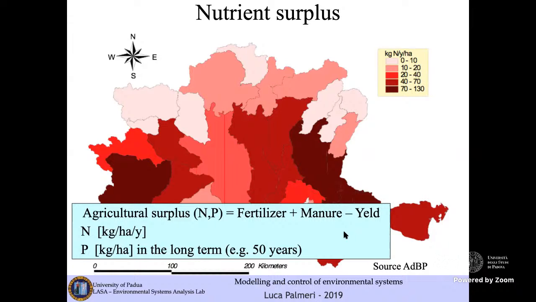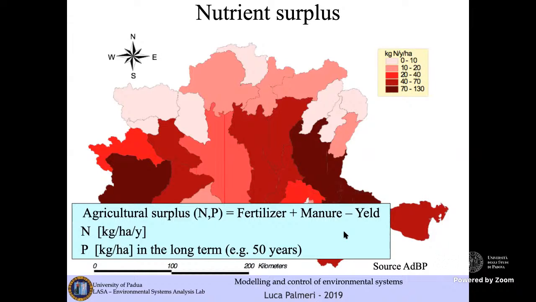So on one side, you do not always have reliable information on this. The second aspect concerning yield is, of course, that farmers do not like very much to let the institutions know how much production they are having on their fields.